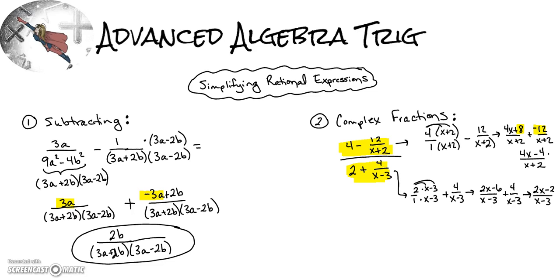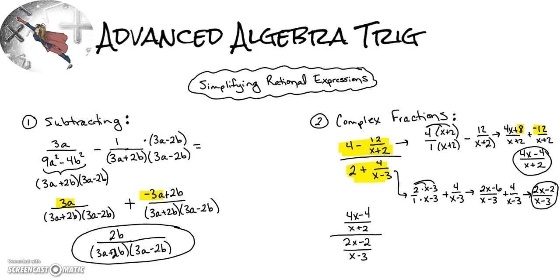Okay, so this was the top, and this was what I just did on the bottom. So my new problem, if I rewrite it, is 4x minus 4 over x plus 2, all over 2x minus 2 over x minus 3.